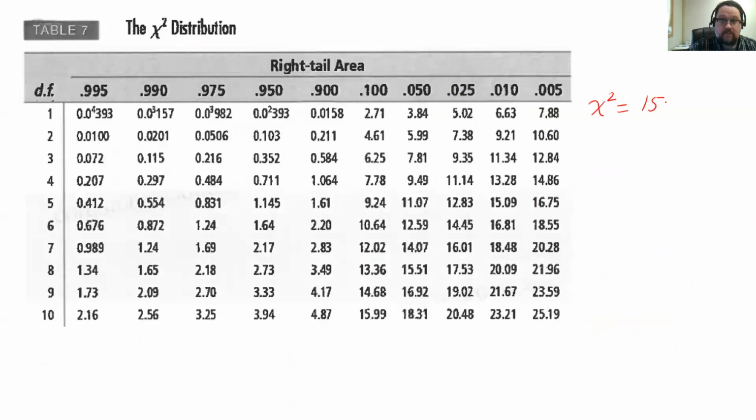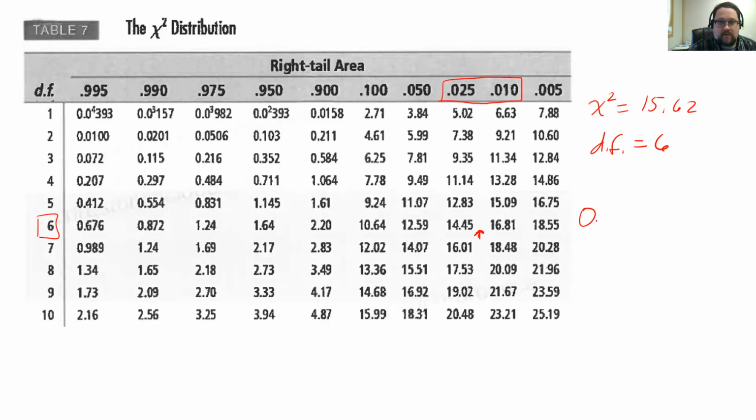Let me write that down somewhere. Chi-squared 15.62, degrees of freedom, we calculated to be 6. So here's my degrees of freedom. And I'm going to go across here until I figure out where that 15.62 should be falling. And it should be between these two values. Up here, this is going to give me an interval for my p-value.